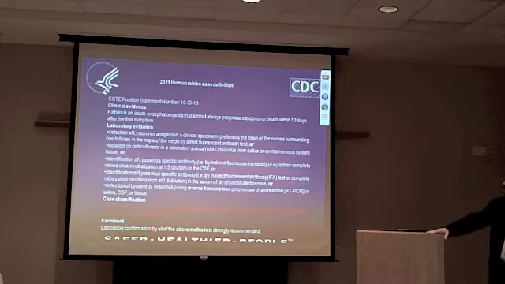On this slide are the definitions of what is considered a human rabies case, and definitions are essentially evolving as diagnostic techniques improve and you can gain much more information from the patients.